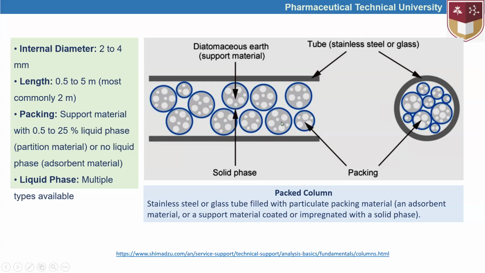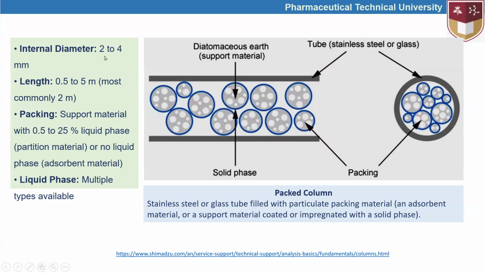On the surface of these particles, gas compounds can be kept for a few seconds. So then we can witness the separation of different compounds based on the interactions of the compounds being separated and the adsorbent. And there is a contribution of the hole size on the surface of the sorbent material as well.